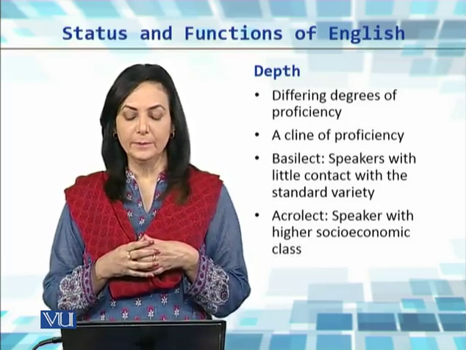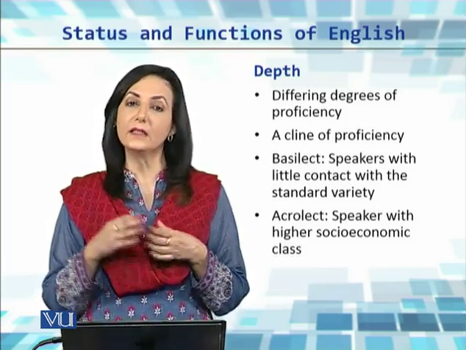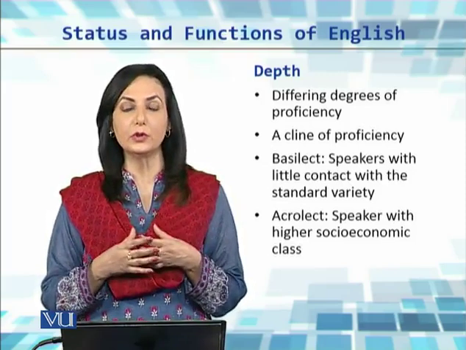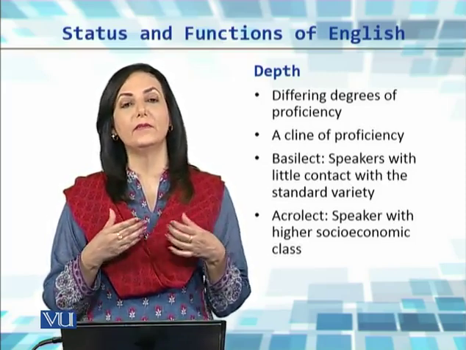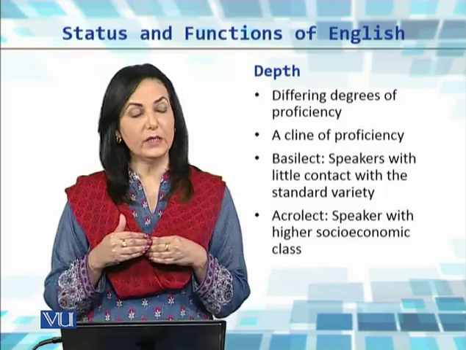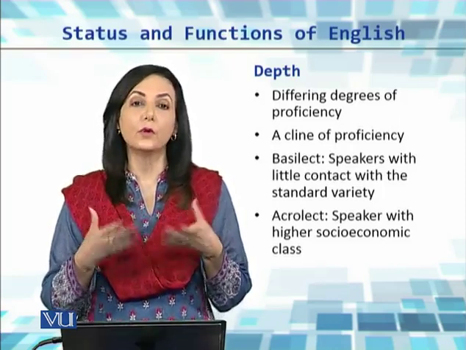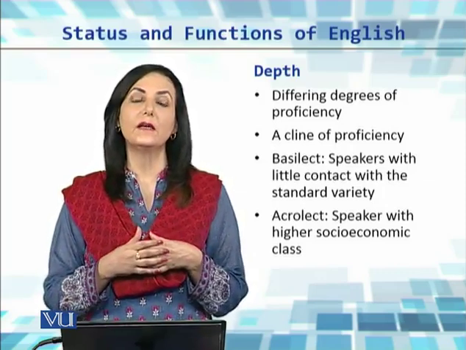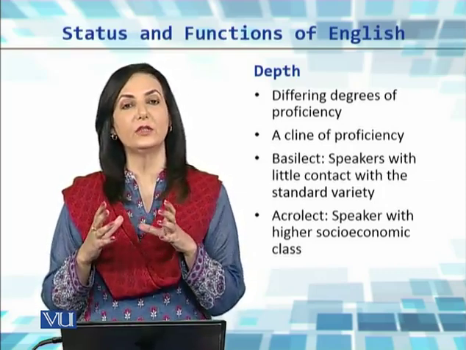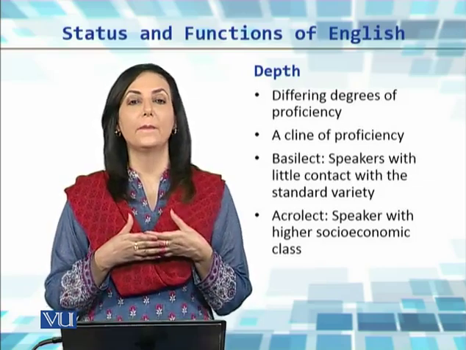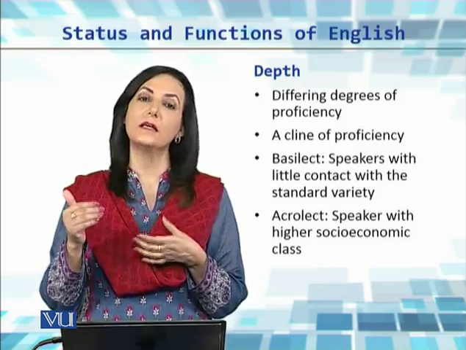So people who have little access to English, little exposure to English, people who have comparatively less education, who follow blue collar jobs, they follow a variety of English which can be called a basilect, which means non-standard English.